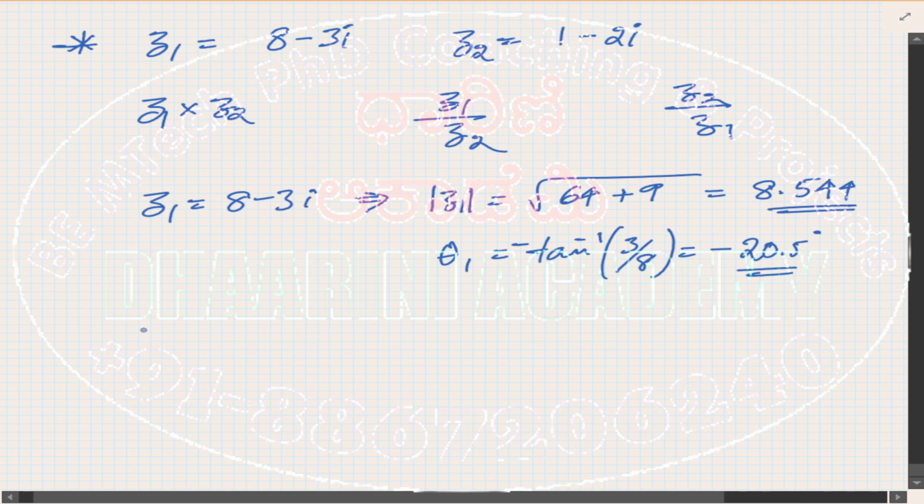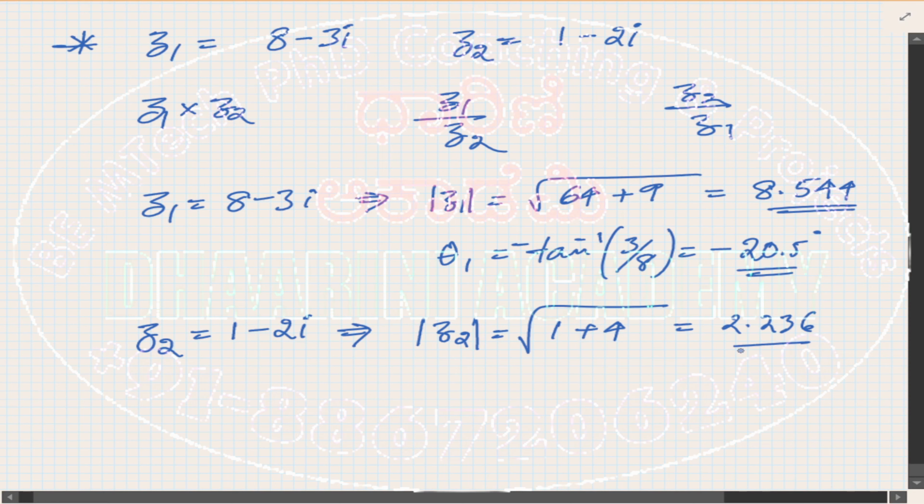Okay, so similarly, let's calculate for z2. z2 is equal to 1 minus 2i. So magnitude of z2 is root of 1 plus 4, so that is root 5, 2.236, and angle theta 2 should be, this is also fourth quadrant, so minus tan inverse of 2.